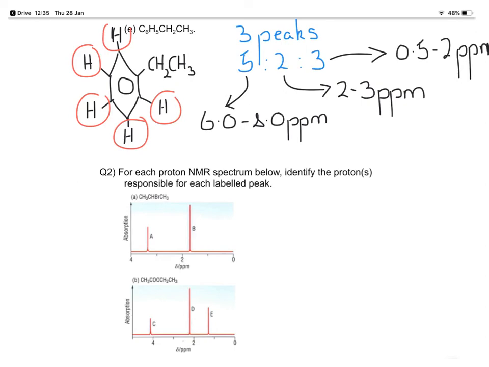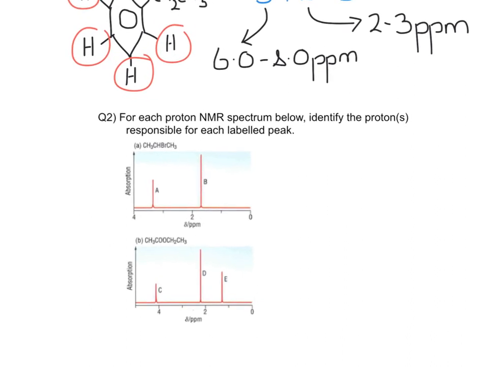Now if you look at the top of page 9, we have got 2 more little NMR spectra that we're going to consider. For each proton NMR spectrum, identify the protons responsible for each labelled peak. Now you're given the molecule for each one. I'm just going to draw out this molecule so that I can clearly see what's attached to what. Now I can see that we have got 2-bromopropane. Now we're asked to identify the protons responsible for each peak.